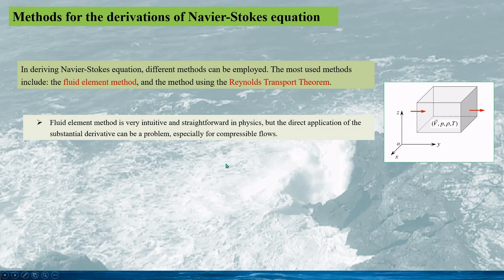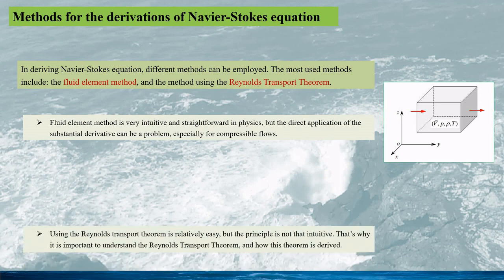However, in such a case, we must use a special derivative named substantial derivative or material derivative. But it would be a problem, especially for compressible flow, in which we must use the substantial derivative carefully.